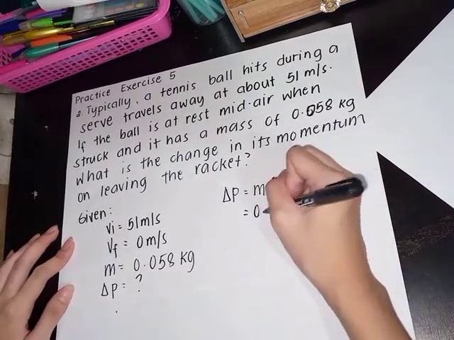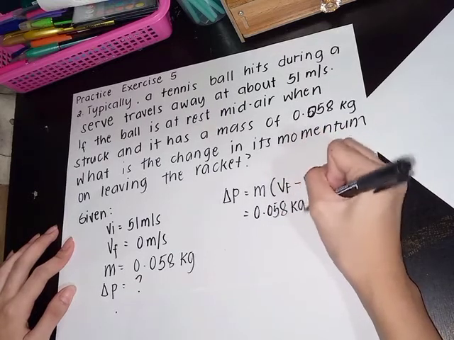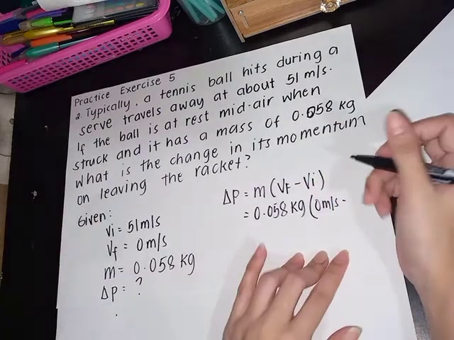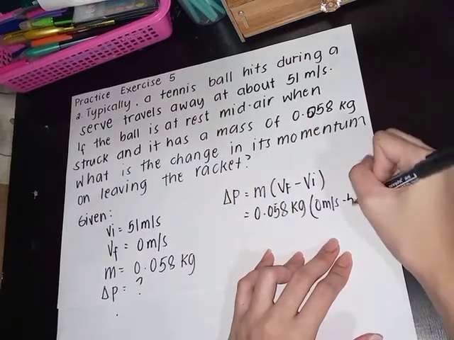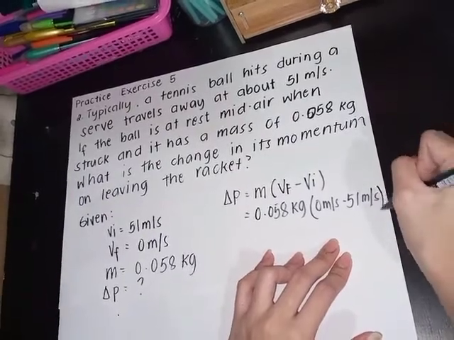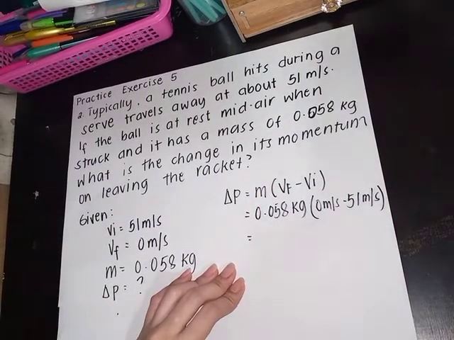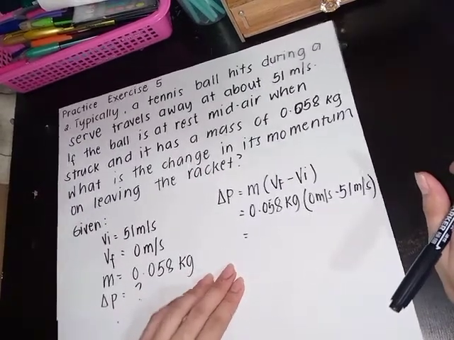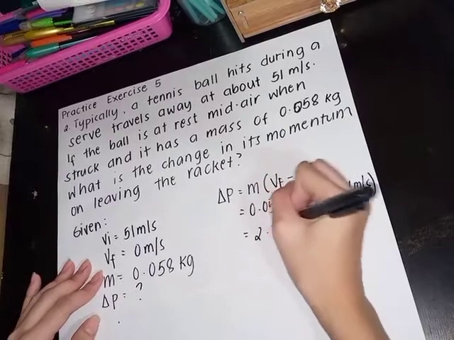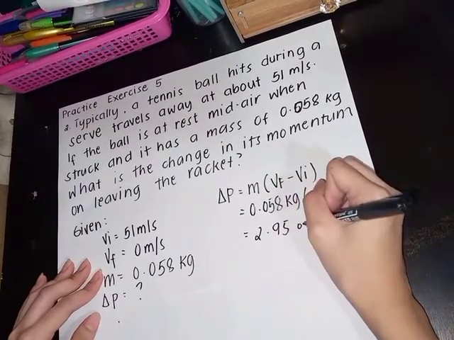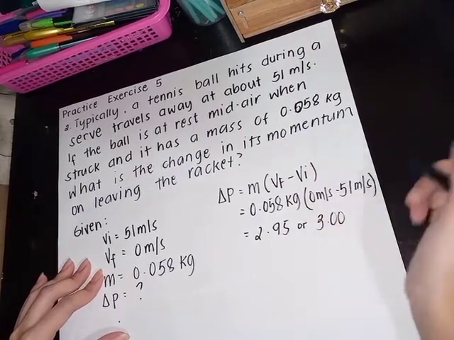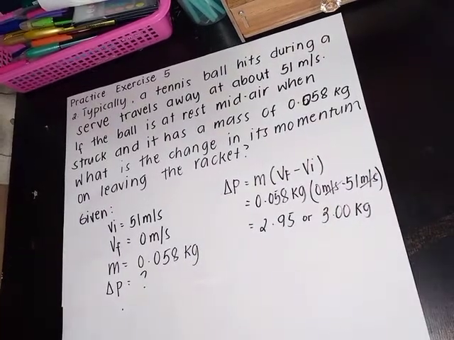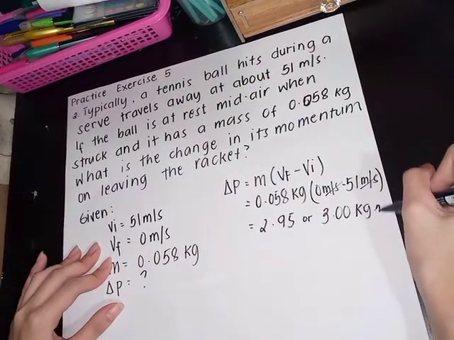We have mass of 0.058 kilogram and final velocity of 0 meter per second minus the initial velocity of 51 meter per second. 0.058 kilogram times 0 minus 51 meter per second is 2.95 or equivalent to 3 kilogram meter per second.